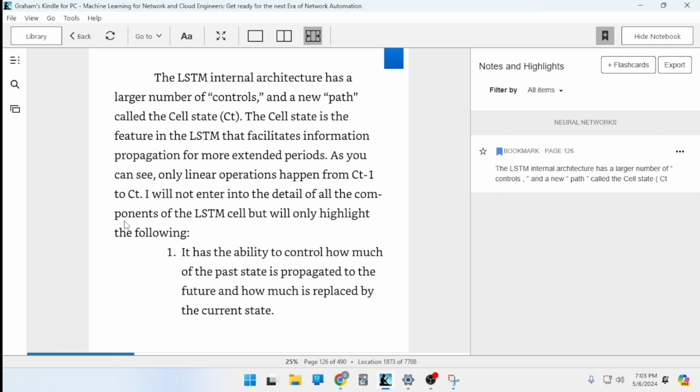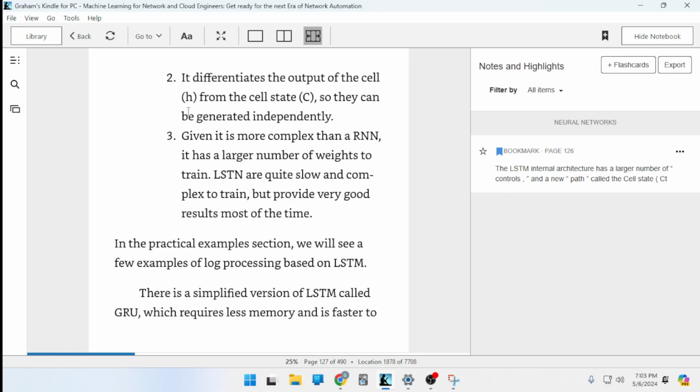Number 2, the LSTM cell, so the long short-term memory cell, differentiates the output of the cell h from the cell state C, so they can be generated independently. And number 3, given it is more complex than a recurrent neural network, it has a larger number of weights to train.